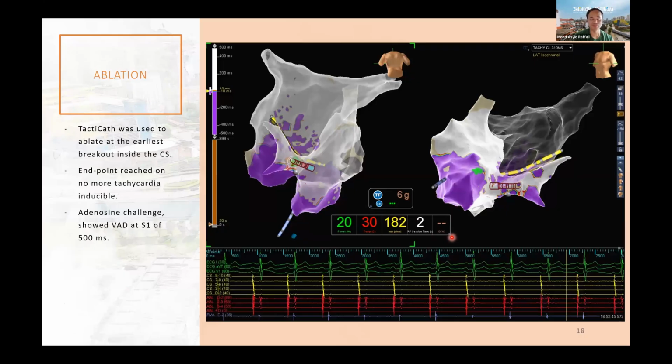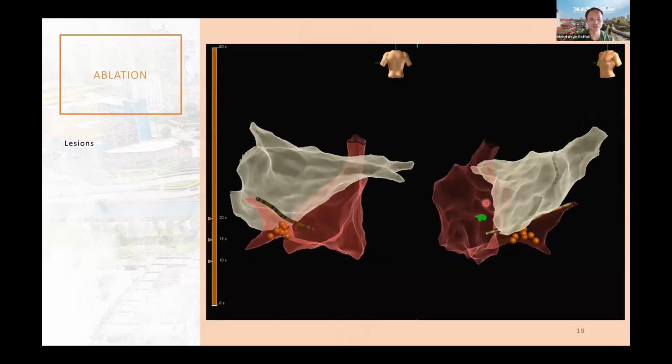So I think this is the main point of discussion: what is the differential for a wobbling, variable tachycardia cycle length for an SVT, and also an atypical pathway location near the MCV? Although we cannot really get a fused signal, after the ablation at this area, there's no more tachycardia inducible. So this is the lesion that we created. All right, so basically that's it.